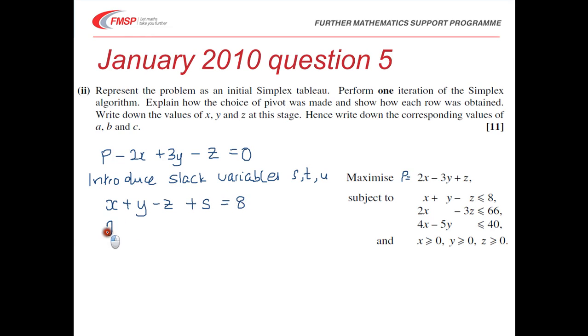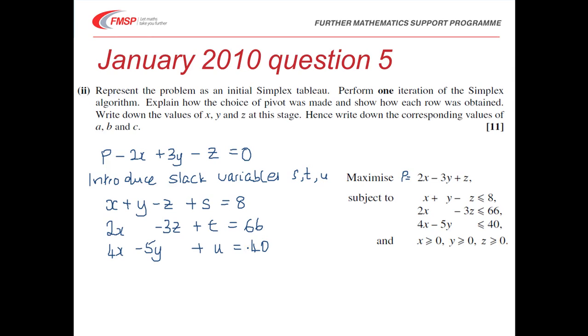And similarly, 2x minus 3z will introduce the slack variable t there, so that will be equal to 66. And 4x minus 5y, no z's, and we'll introduce a slack variable u to make that equal to 40.